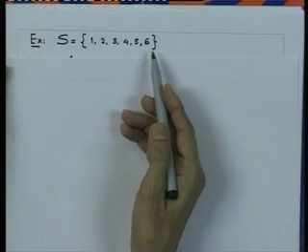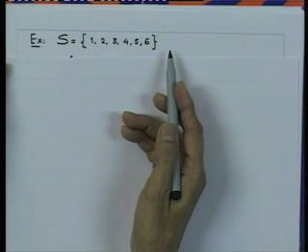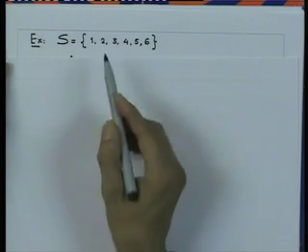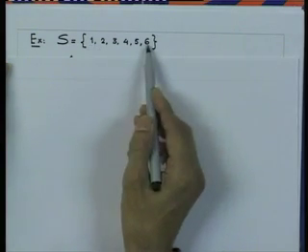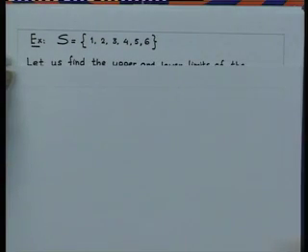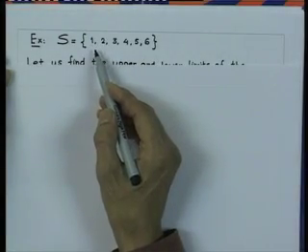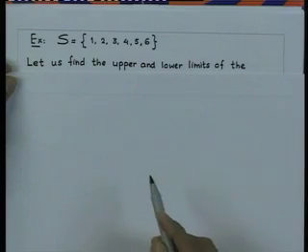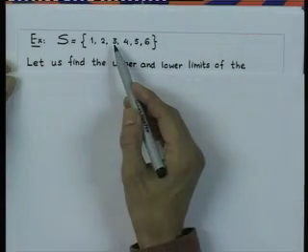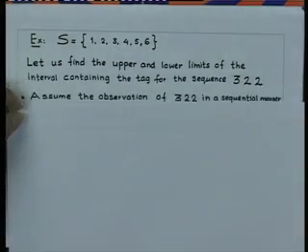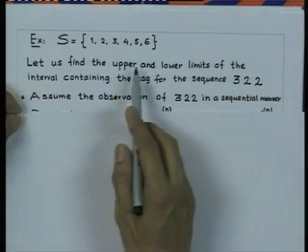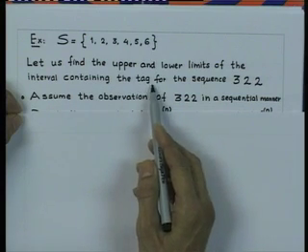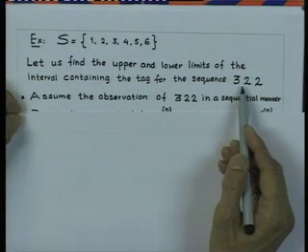I use my standard mapping X(Si) equal to i. So, the outcomes of this source are integers from 1 to 6. What we need is to generate the tags for sequences of different lengths. So, let us find the upper and lower limits of the interval containing the tag for the sequence 3 2.